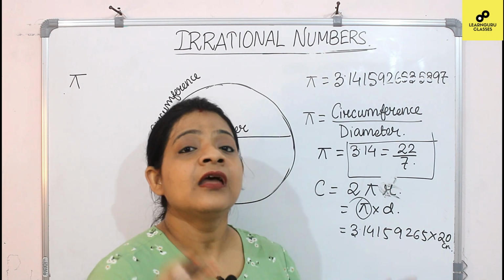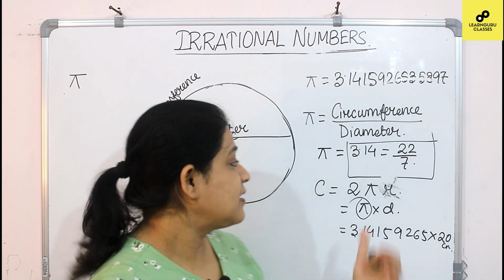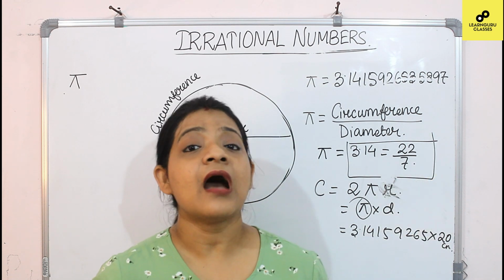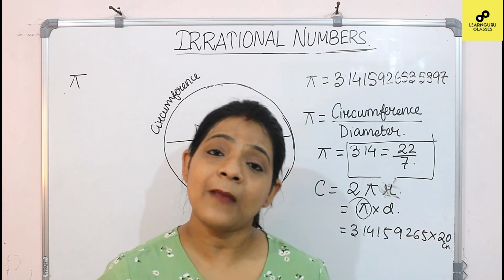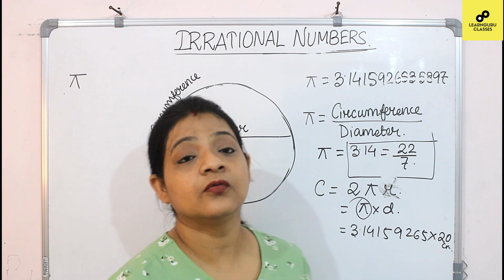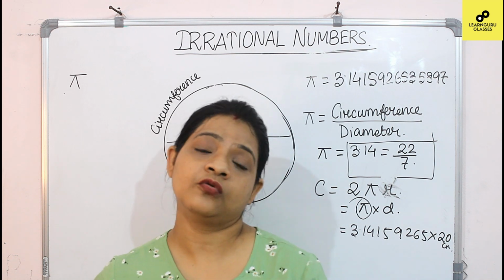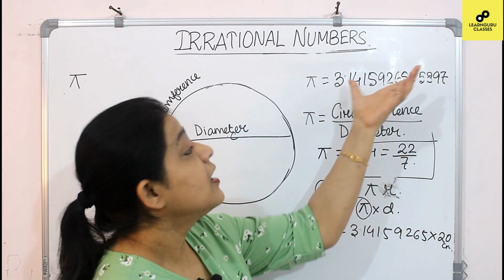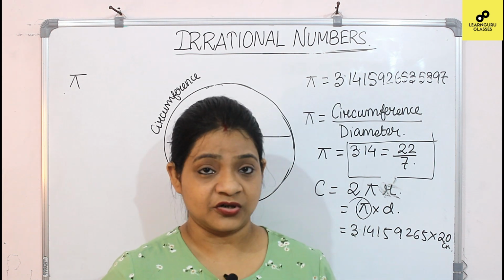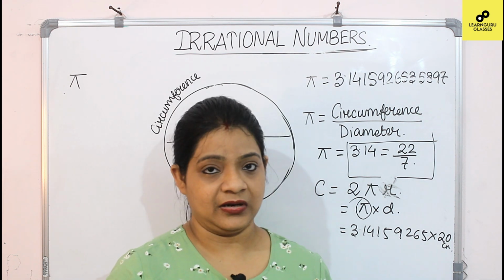So if we reduce the terms, make it more concise and represent it as a fraction, then our calculations become much easier. This is the beauty of pi. All the values you are using are approximate values of pi, not the actual value. The actual value of pi is a non-terminating and non-repeating decimal expansion. So henceforth you will identify pi as an irrational number.